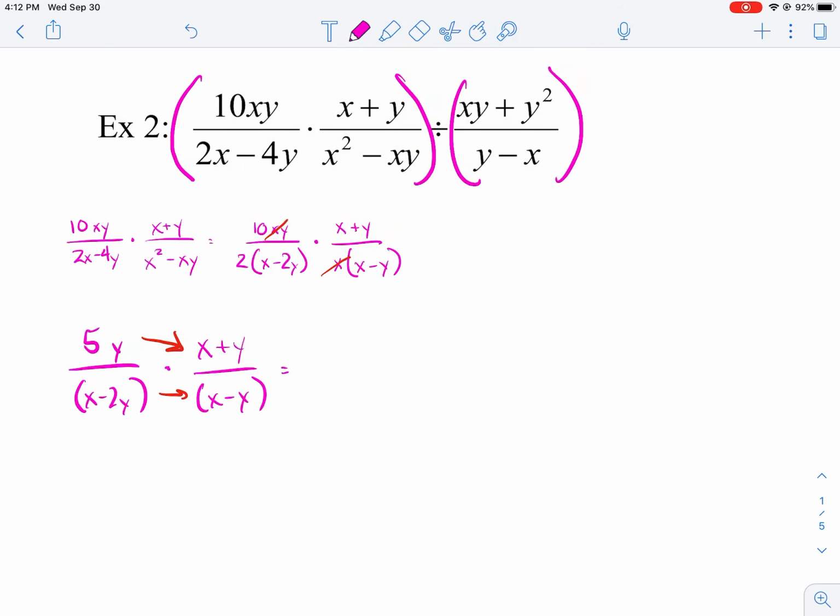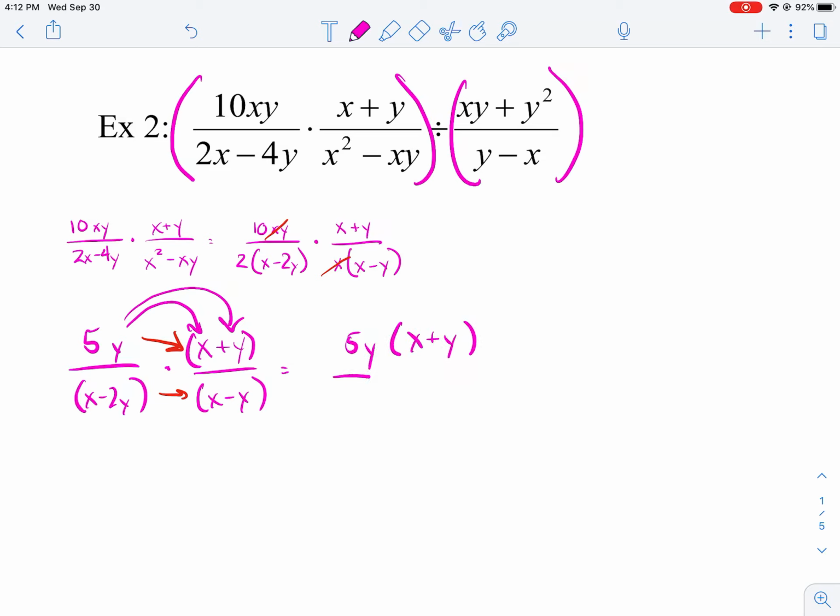So 5y times x will give me 5xy. Remember, I'm multiplying this into both pieces. And so 5y times y will give me 5y squared. You know, I am not going to do that. I'm going to leave this factored. Apologies. I'm going to leave it just like this.